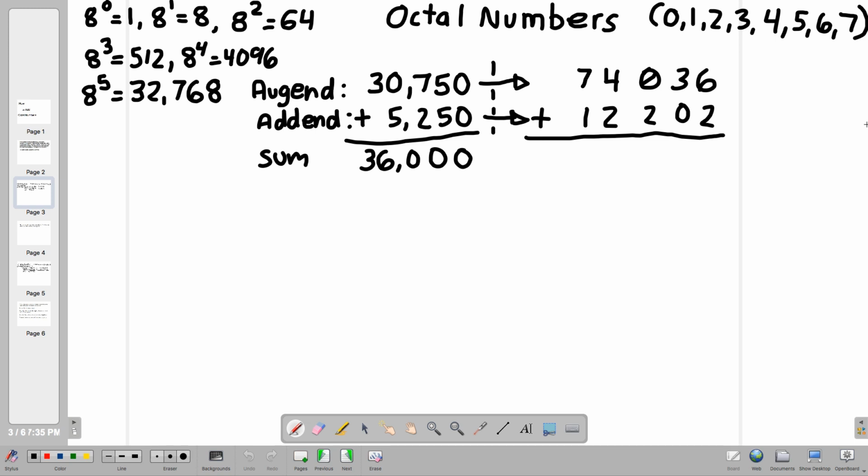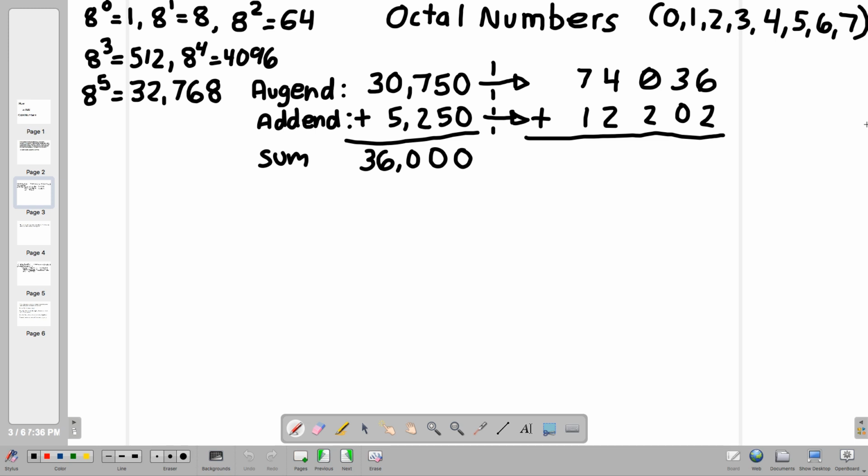And towards the top right, we show the 8 digits that are in the octal number system. Those values are 0, 1, 2, 3, 4, 5, 6, and 7.